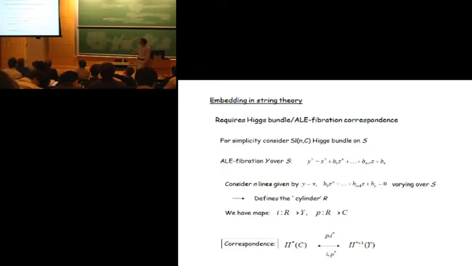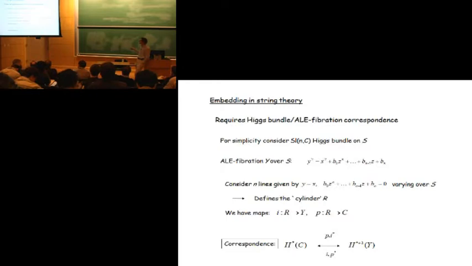Now, there are n lines in this surface, which I can write with the equations y equals x and b0 z to the n plus dot dot dot plus bn equals 0. This is degree n, so there are n solutions, and you can think of these lines as being parameterized by y or by x. So I construct an object which is called the cylinder, which consists of these n lines varying over S. Then I have 2 natural maps.